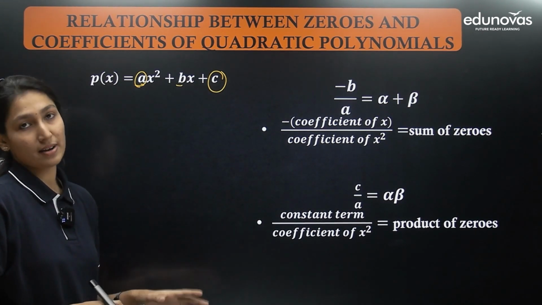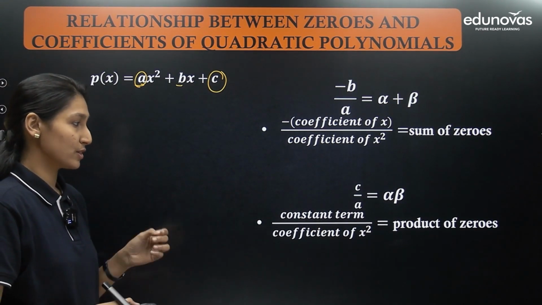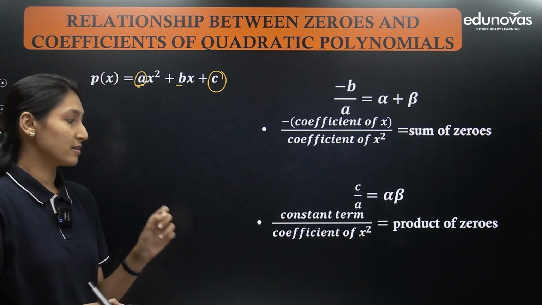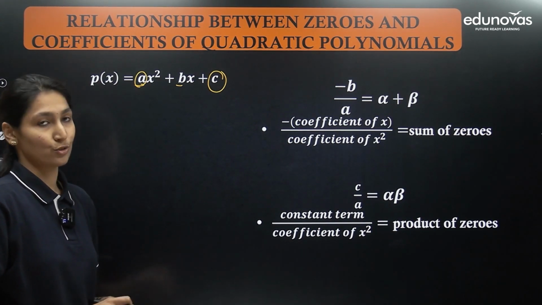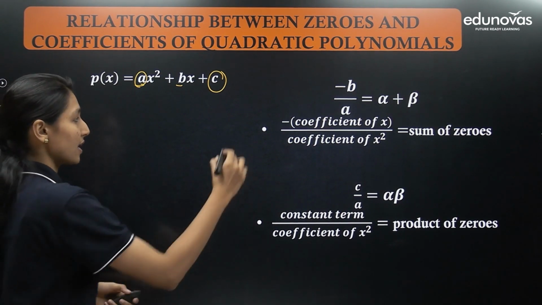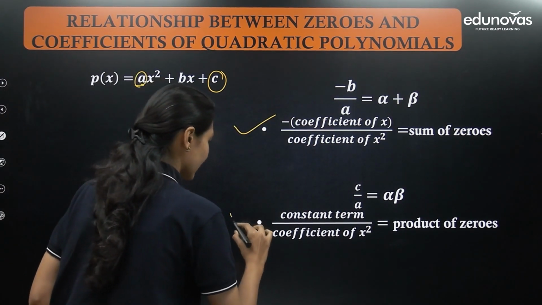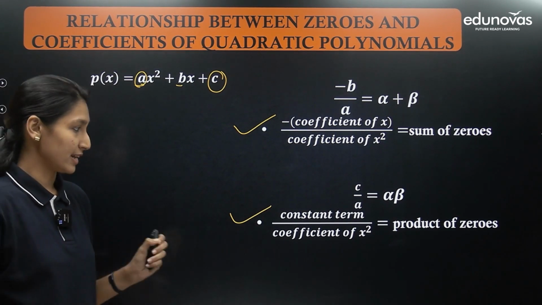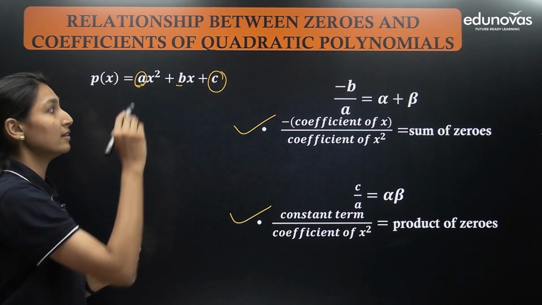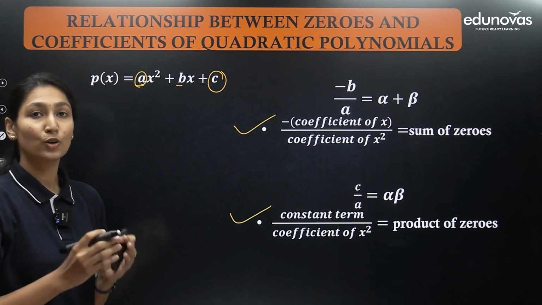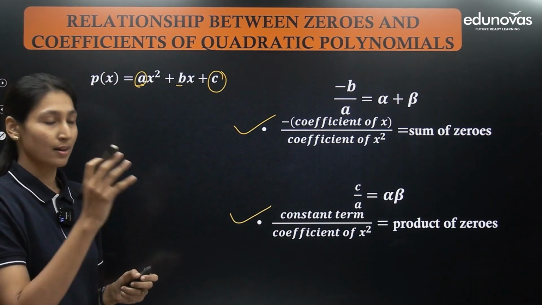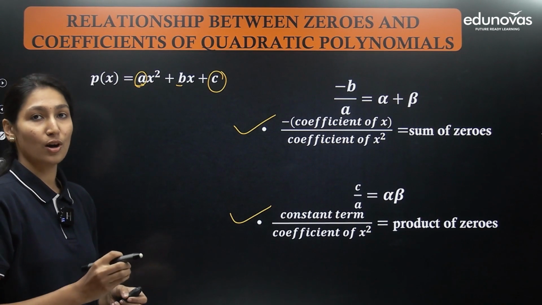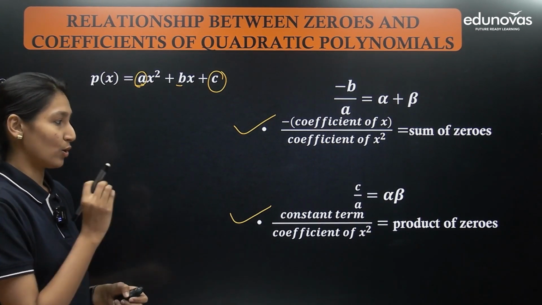Therefore, for a quadratic polynomial, product of the zeros is equal to constant term over coefficient of x square. These are the two important relations for quadratic polynomials, which relates between the zeros of the quadratic polynomial and coefficients of quadratic polynomials. Let's solve some of the examples on this.